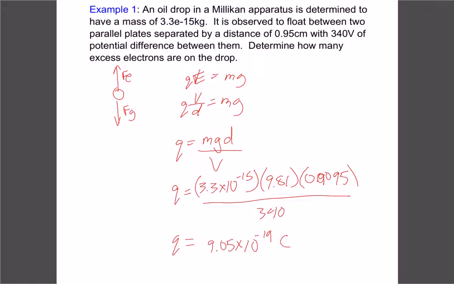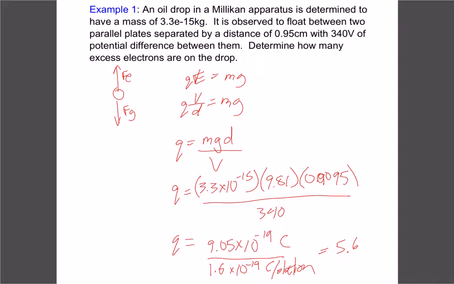So the charge on the oil droplet is 9.05. We know each electron has a charge of 1.6 to the negative 19, so all we have to do is divide those out. 9.05 divided by 1.6, we get an answer of 5.6 electrons.